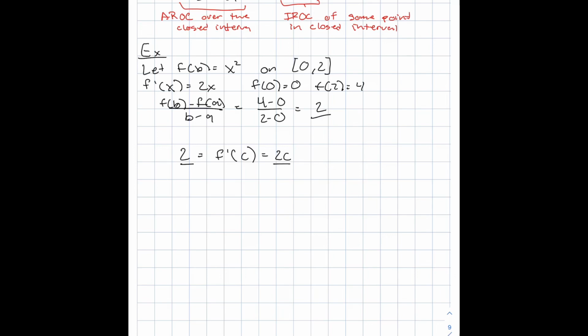Now we're going to divide both sides by 2, and I'll get that 1 equals c. So that means that when x equals 1, the slope f prime of 1 will equal 2, which is the average rate of change over the interval.